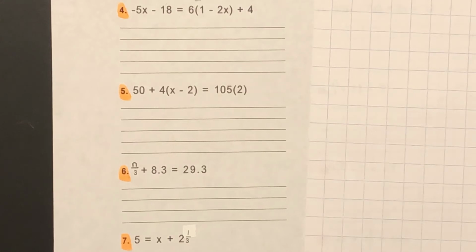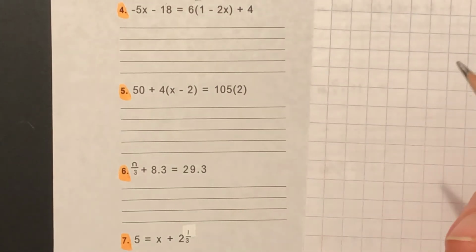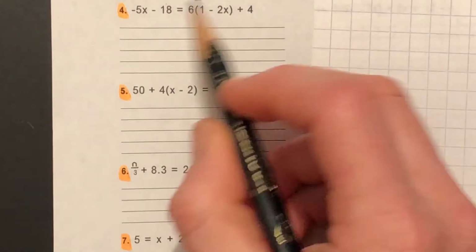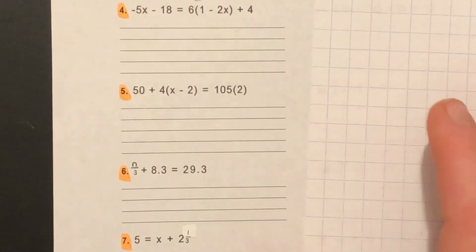Should I distribute or not? I think for the sake of the fact that there's all this stuff going on, I'm just going to go ahead and distribute this out and just write it that way.